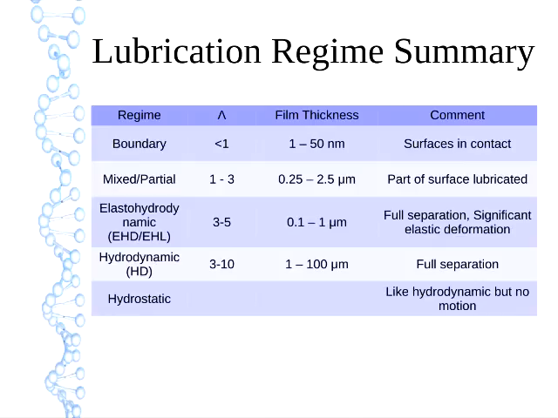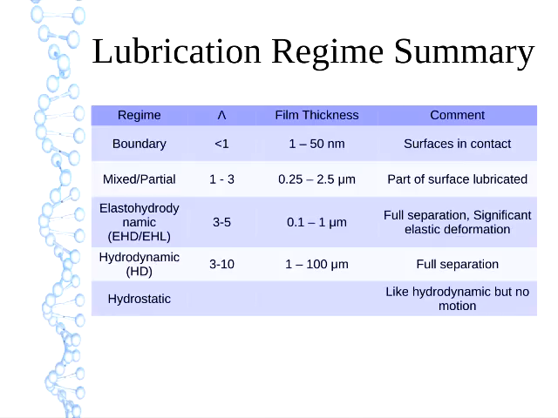Then we've got the mixed or partial lubrication regime, lambda value between 1 and 3, film thickness 0.25 to 2.5 microns, and summarize this by saying part of the surface has full film lubrication, the rest of it is in solid contact.